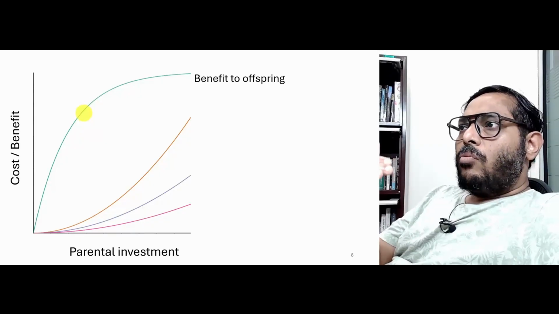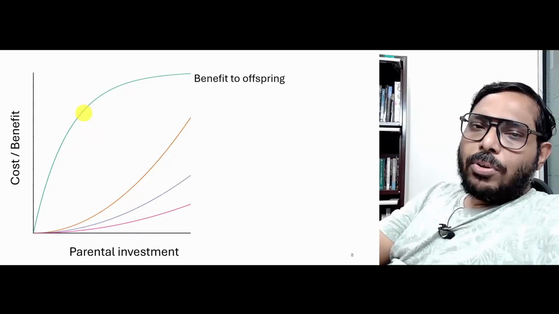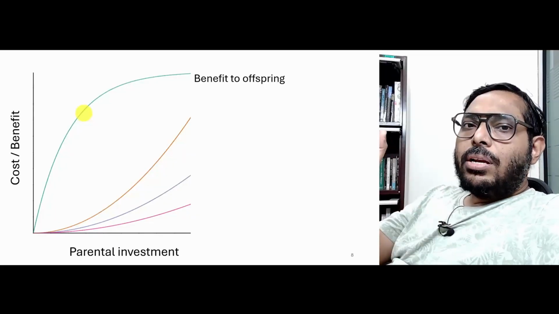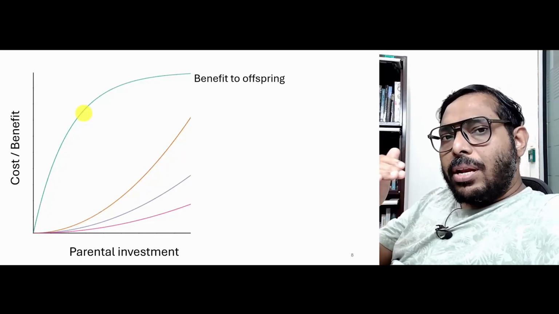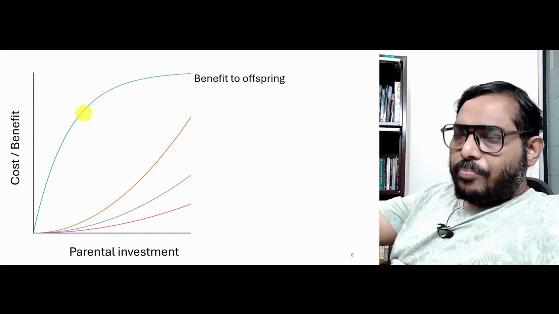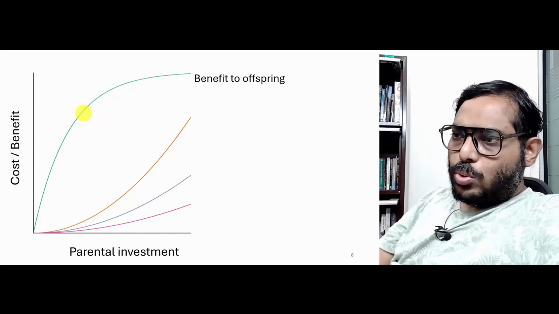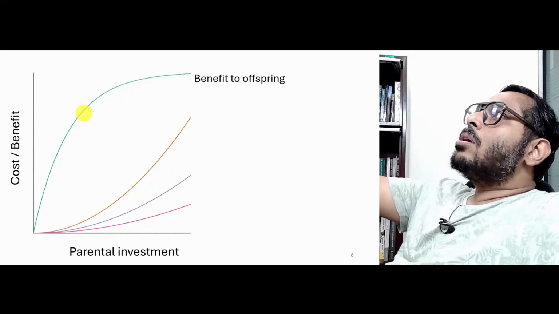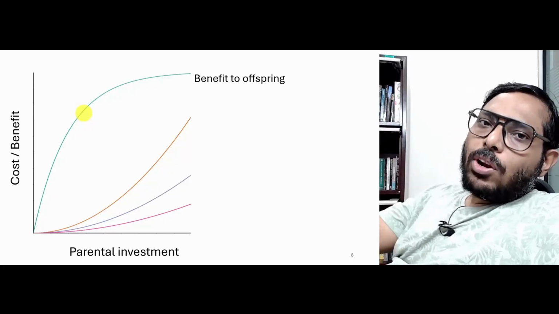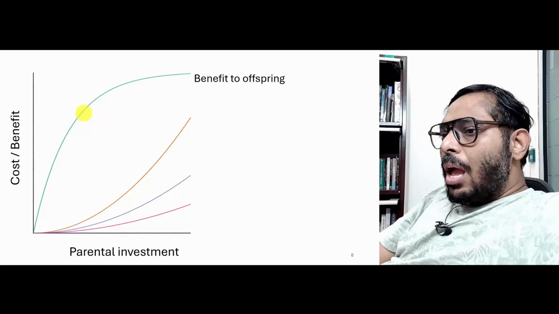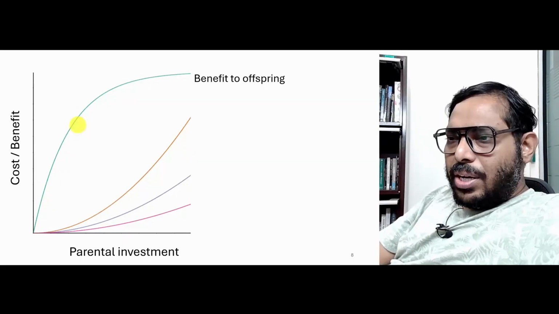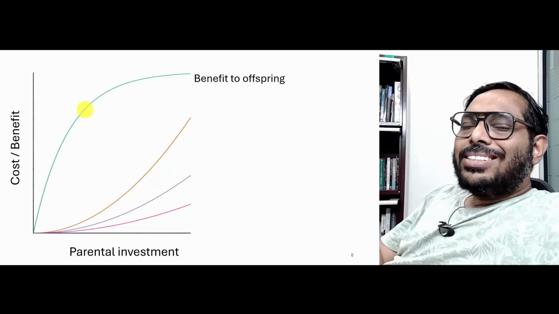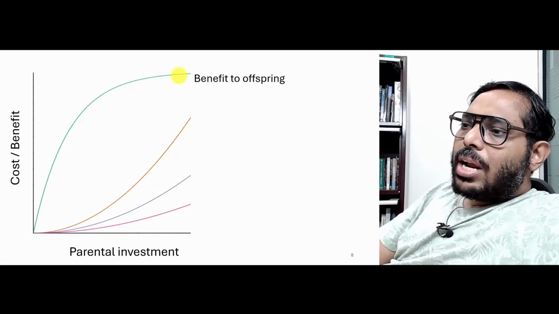However, we are talking about the survivorship of the offspring or the fecundity of the offspring, and there is a point after which if the parents end up giving further nourishment, further resources, further parental care, then the survivorship has to taper off at 1, right? It has to plateau at 1. Therefore, after the initial sharp increase, after some point the rate at which the benefit increases slows down, and at some point it kind of levels off.